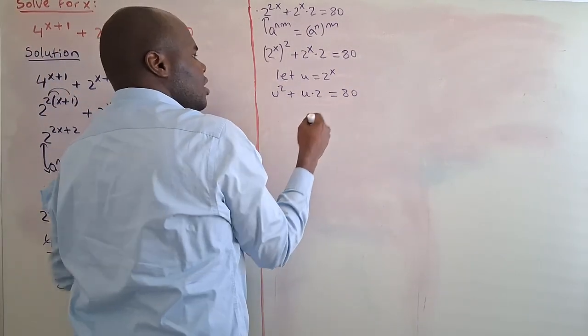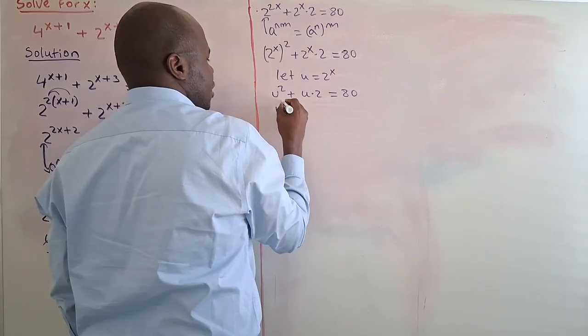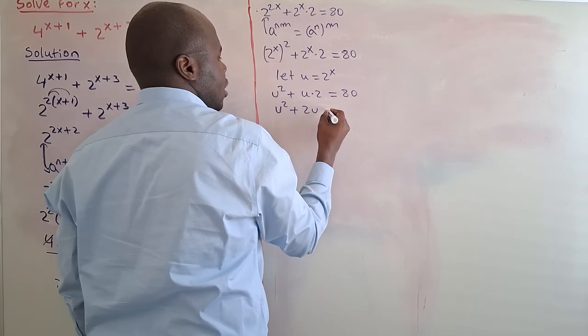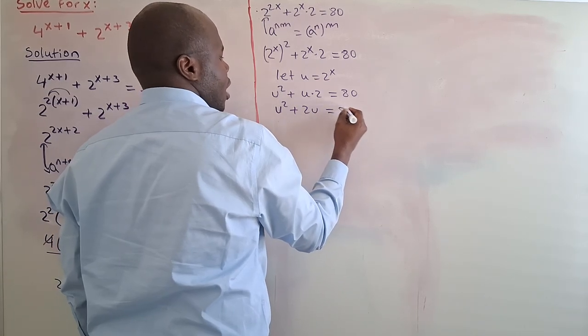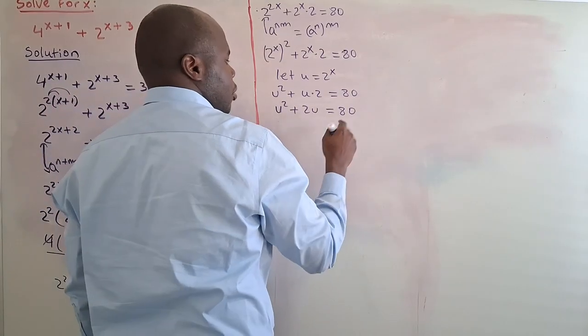Now we're going to simplify everything here. So we're going to have u squared plus 2 times u equals 80. We're going to subtract 80 from both sides.